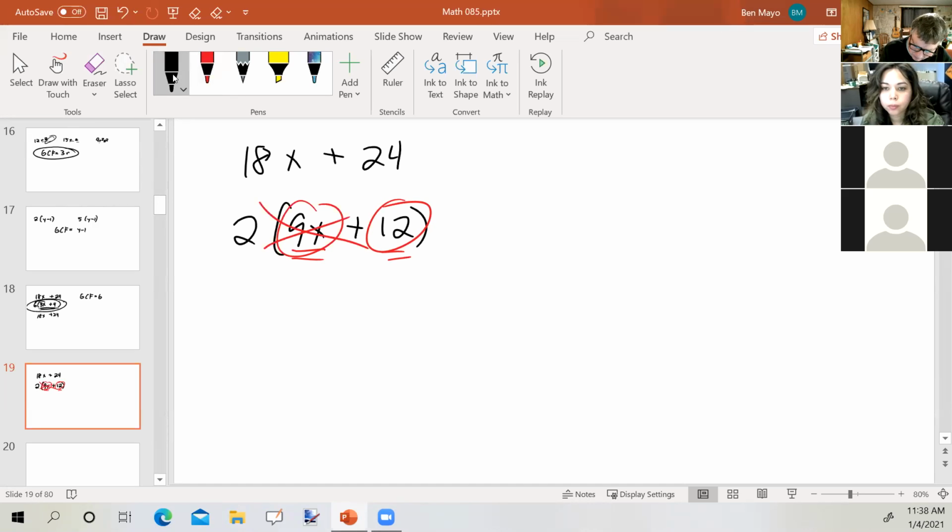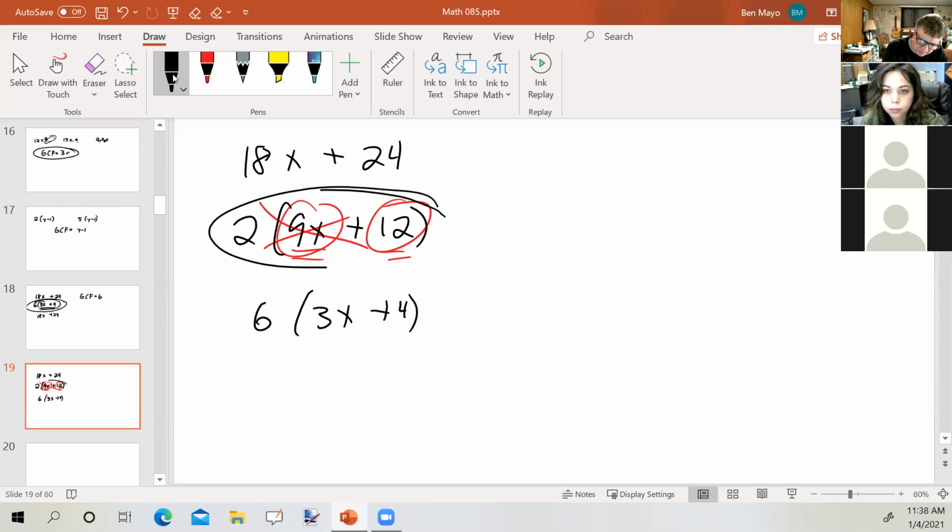So I need to start over and say, okay, let's take out a 6. Even though this multiplied together would give us that, we didn't take out the largest factor of both terms. And they want us to factor out that greatest common factor.